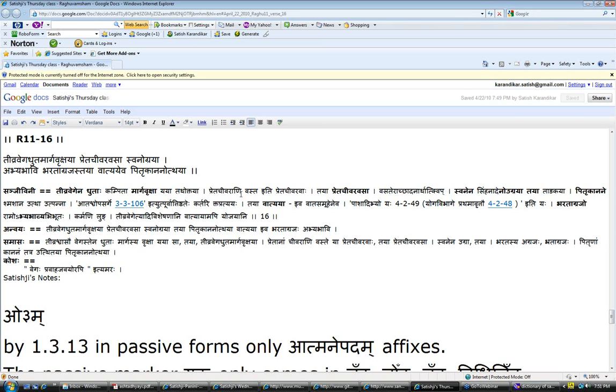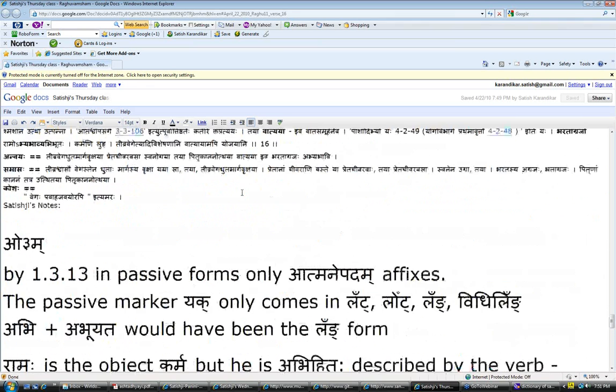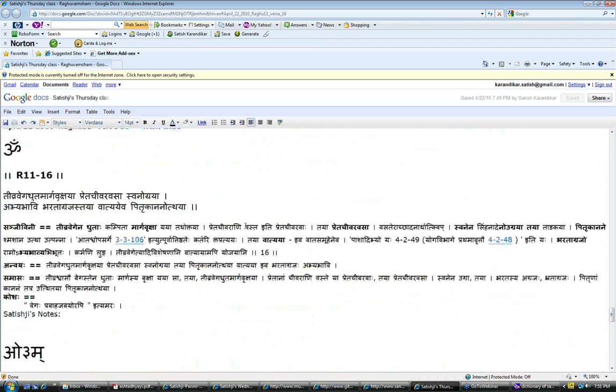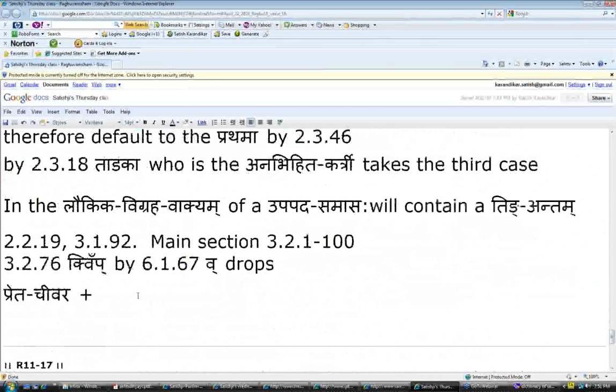So we may be tempted to say Preta Chivara plus Shas, but unfortunately that Shas only came because in the Vigraha Vakyam he has the Vaste form, which is a Tinganta form. It is not a Krut Pratyaya. But while we are doing the Alaukika Vigraha down here, we have to put actually the Pratyaya Am, which is the Shashti Bhavachanam. So put the Shashti Bhavachanam and then put the Vas.